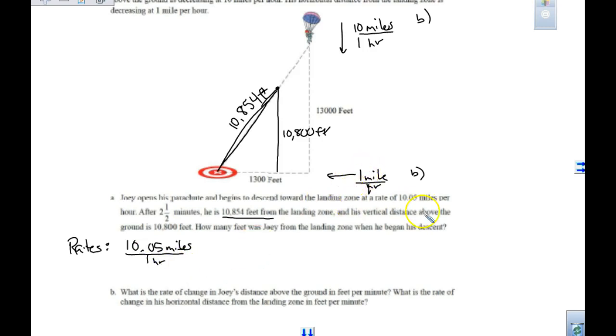But we really need our answer in feet per minute, because we're talking about minutes. So how do I change miles per hour to feet per minute? When you take the quiz on Wednesday, you're going to see something like this, miles per hour, and you're going, oh, I got to get my answer in so many feet per minute.